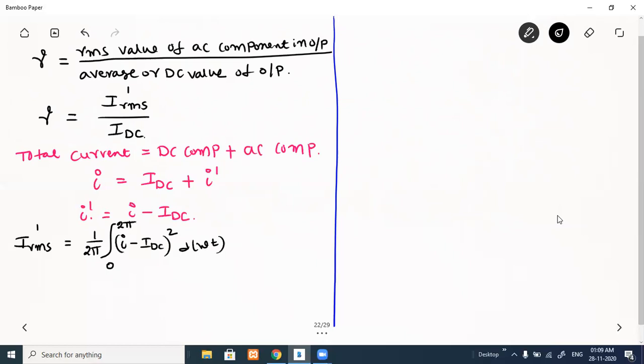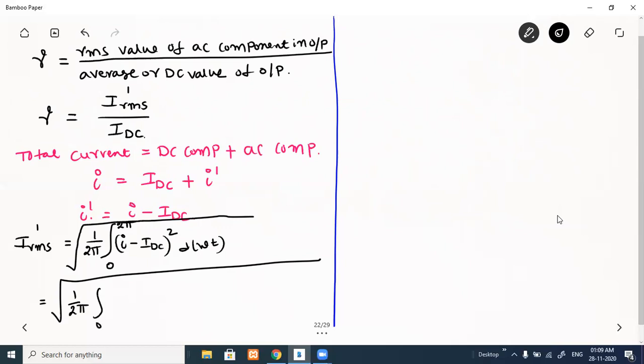Then apply the square root. With this, we can easily calculate I_RMS dash. Expanding I minus I_DC whole square, it equals the square root of 1 by 2 pi integral 0 to 2 pi of I square minus 2 I_DC into small i plus I_DC square, into d omega t.